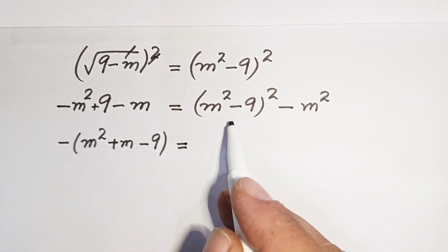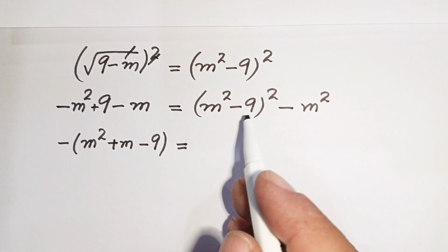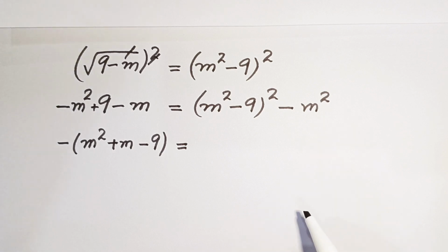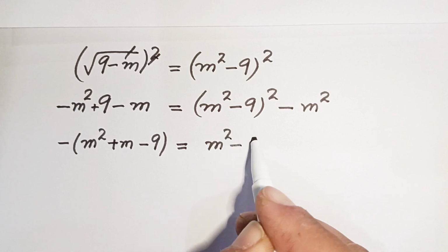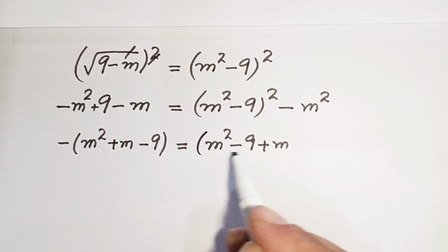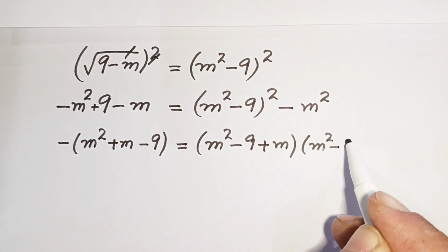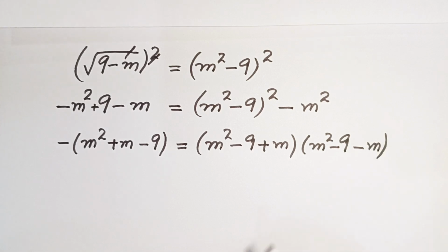That is equal to (m squared minus 9) whole squared, we can write this as a squared minus b squared. So a squared minus b squared is equal to a plus b and a minus b. So here we have a, which is m squared minus 9, plus b, which is m. Similarly, a, which is m squared minus 9, and minus b, which is minus m.